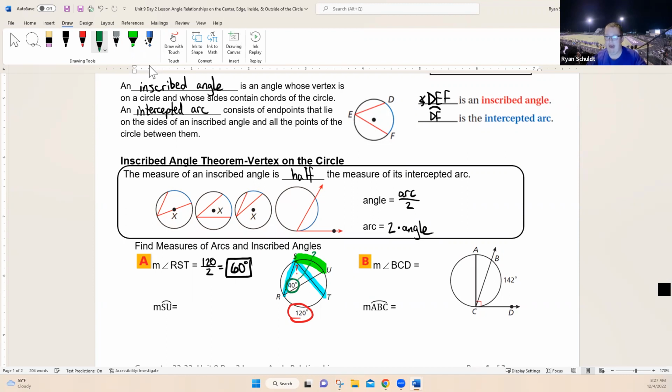I need to go out. So I'm small and I need to go big. What do I do? I multiply by 2. So 2 times 40 gets us 80 degrees.